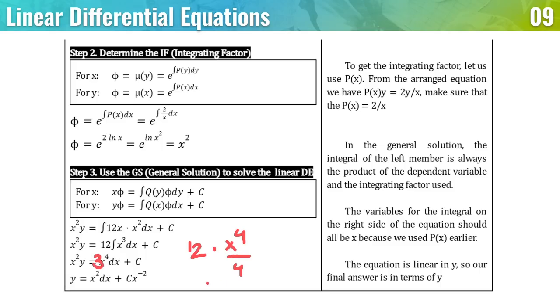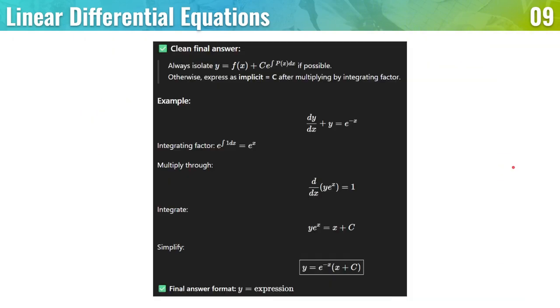When you make it in terms of y, just divide everything by x squared. So this is going to be 3x squared plus c x raised to the power of negative 2. In linear differential equations, usually the final answer format is y equals the expression, unless the instructions state otherwise.